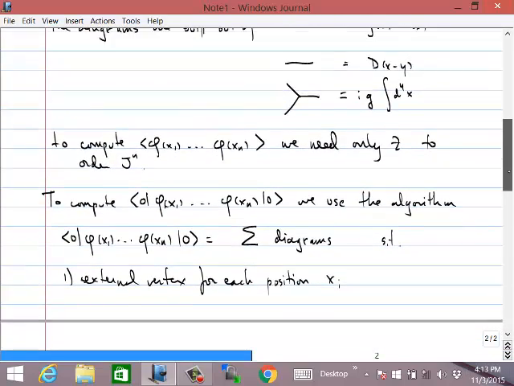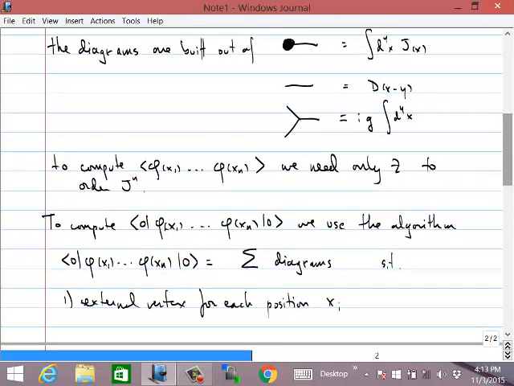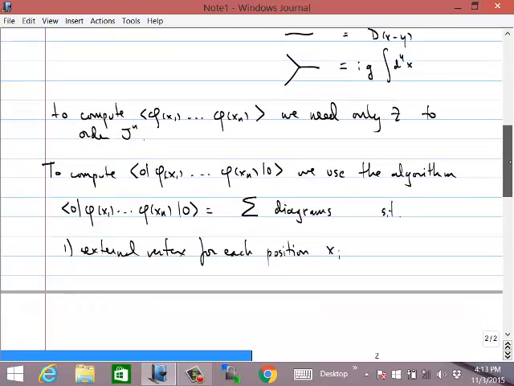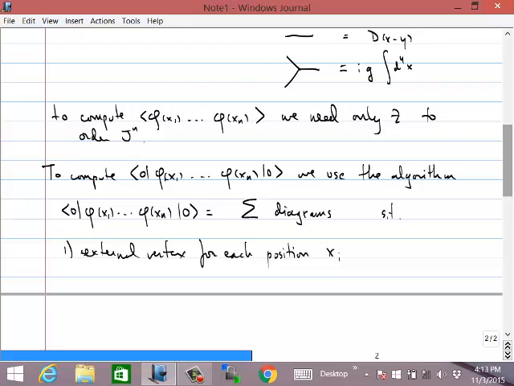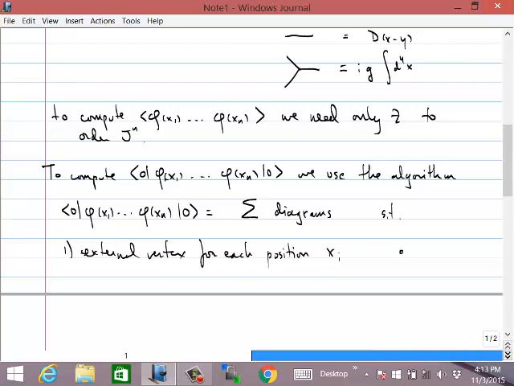So here, up above, I was representing by a solid dot an insertion of that source j. If you want to compute the expectation value of a bunch of phi's, what you would do is you would just introduce some external vertex. Say we have a dot for the external point x1, and say another dot if you have another external point x2.